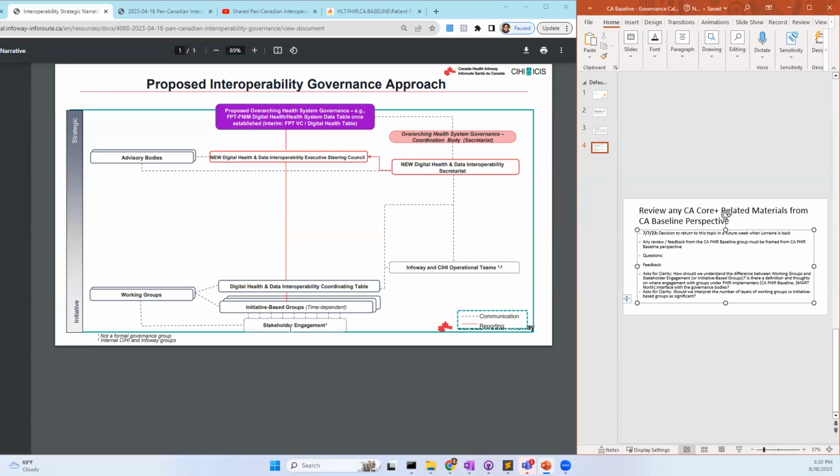And so is this really where our two questions lie? Are there definitions that help us understand, can we confirm our placement as stakeholders in the stakeholder engagement bucket? And how do we interpret the visual layering that we're seeing here? I see the stakeholder engagement has a dotted line on the top. So all these working groups have a connection with stakeholder engagement, whether it is an initiative-based group or any other group.